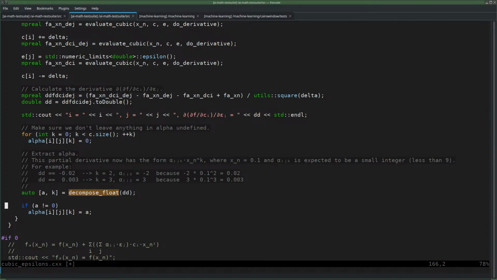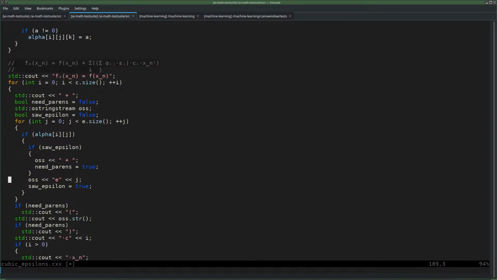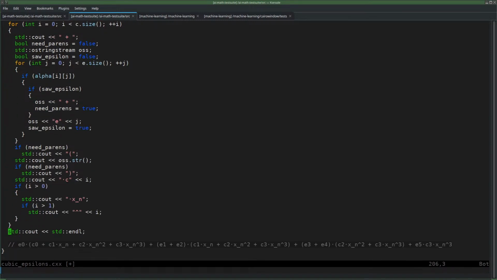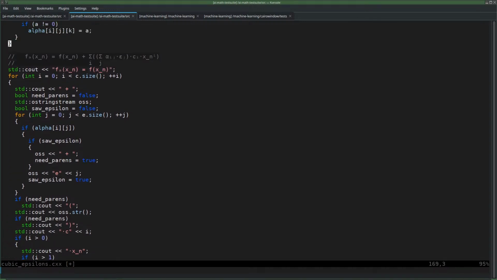If A is not 0, then we have a single K that we can assign to. And now I have to fix this part. What the hell is that doing? Oh, just printing it.